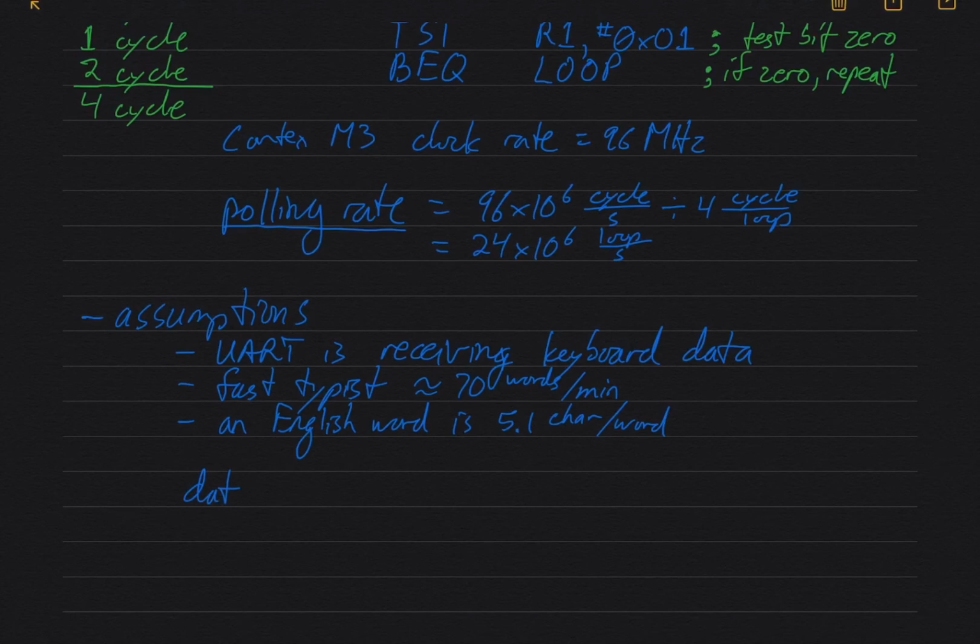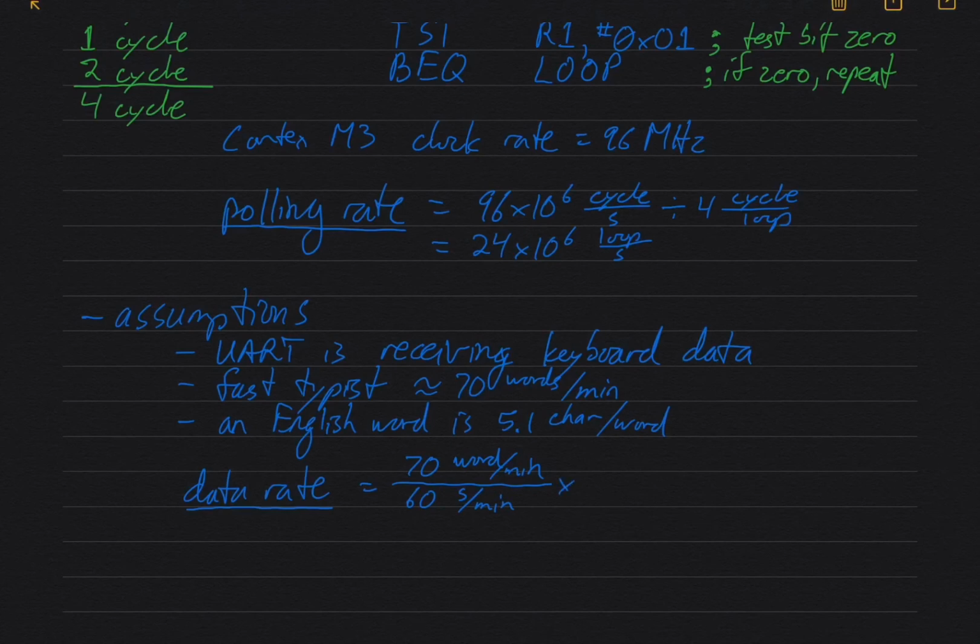So I'm going to call the rate at which we receive the data the data rate, probably a good thing to call it. So how many characters are we receiving per second? That's going to be 70 words per minute over 60 seconds per minute. So that gives us words per second.